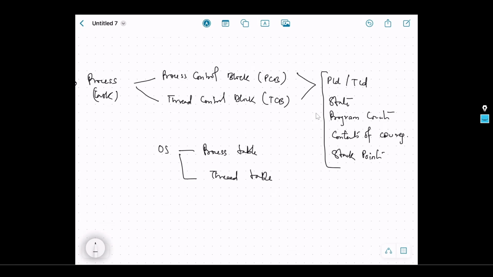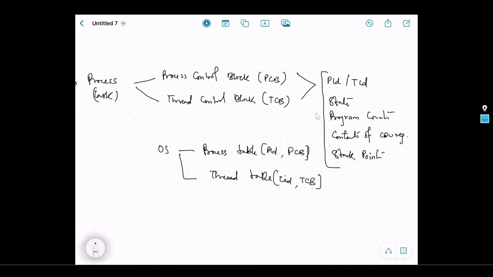You can consider these tables as, for example, hash maps or hash tables, which maintain key and value pairs. So for example, in the process table, the key could be the PID, and in case of the thread table, it could be the TID. And then it can store the PCB of a particular process, and similarly, the thread table could store the TCB. So whenever a process or thread is getting scheduled or executed, it will manipulate the process table and the corresponding PCBs and TCBs.